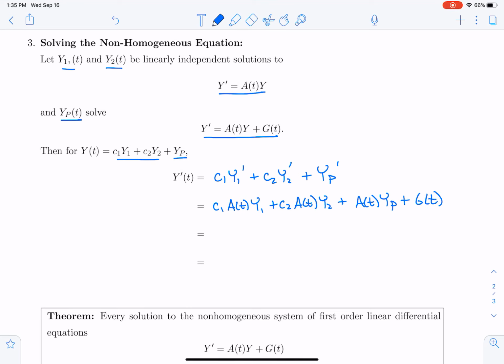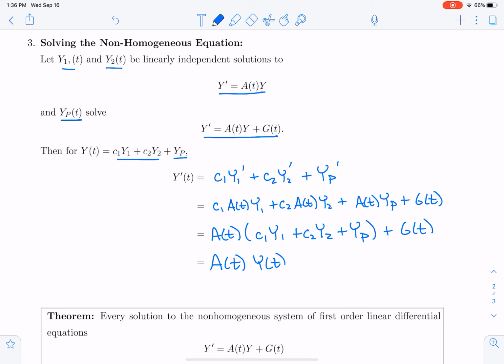Again, like before, I'm going to factor out an A of t, and then what's left is going to be c1 y1 plus c2 y2 plus yp, and then plus g of t left over. But of course, what's in parentheses is actually just y of t, so y prime of t is equal to A of t y of t plus g of t.